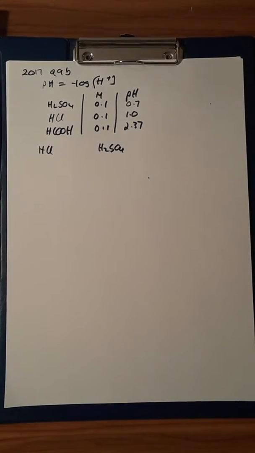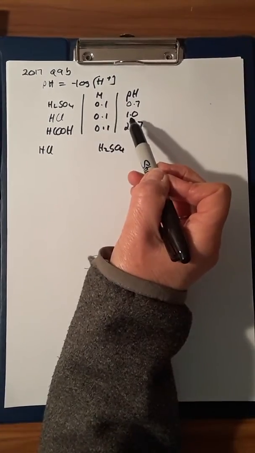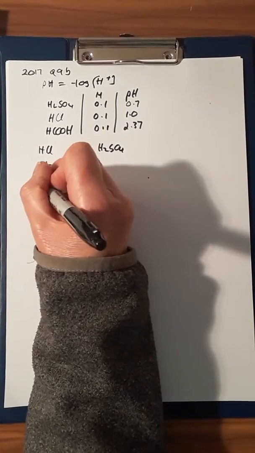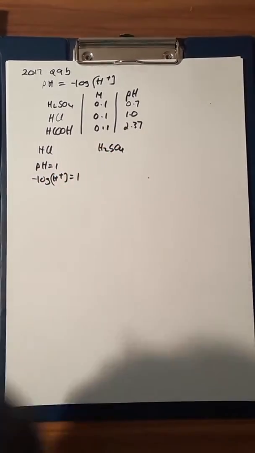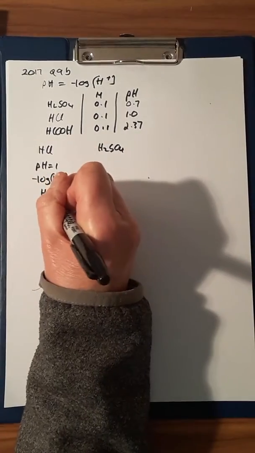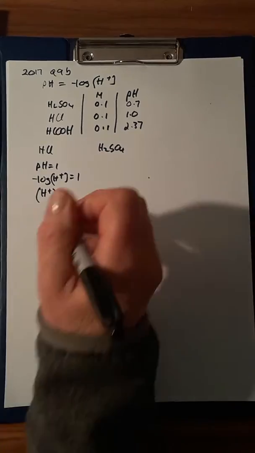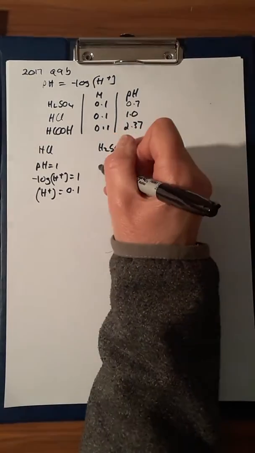Okay then, HCl has a pH of 1. So pH equals 1 means minus the log of the H plus ion concentration is equal to 1, which means the H plus ion concentration is the antilog of minus 1, which is 0.1.